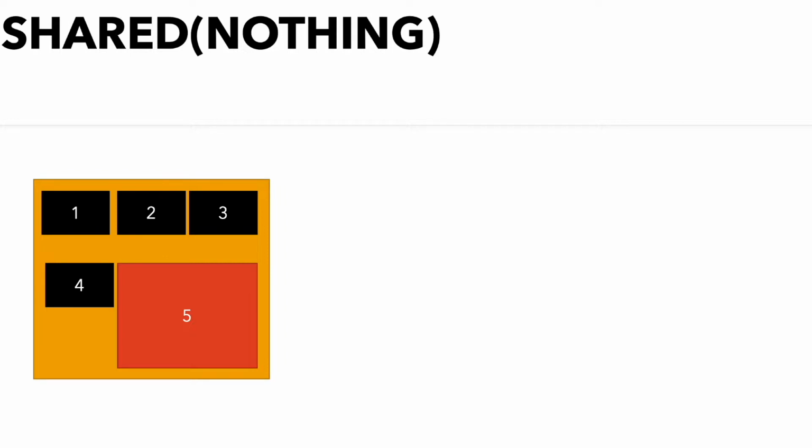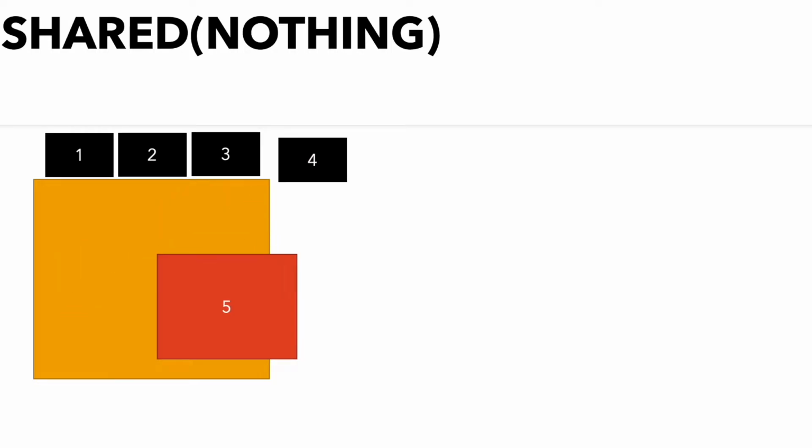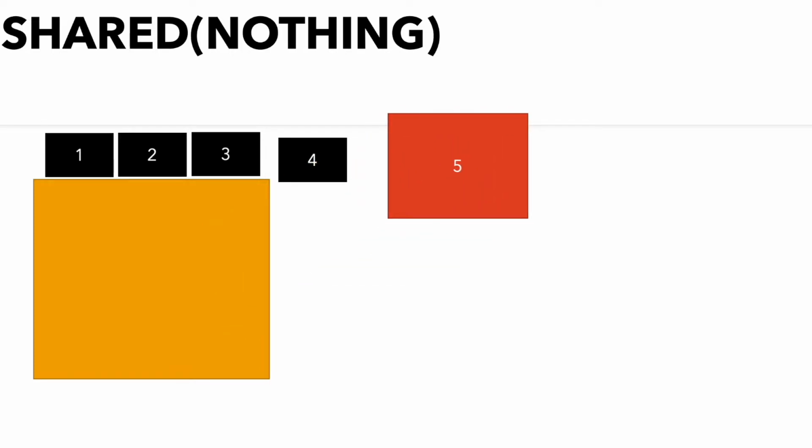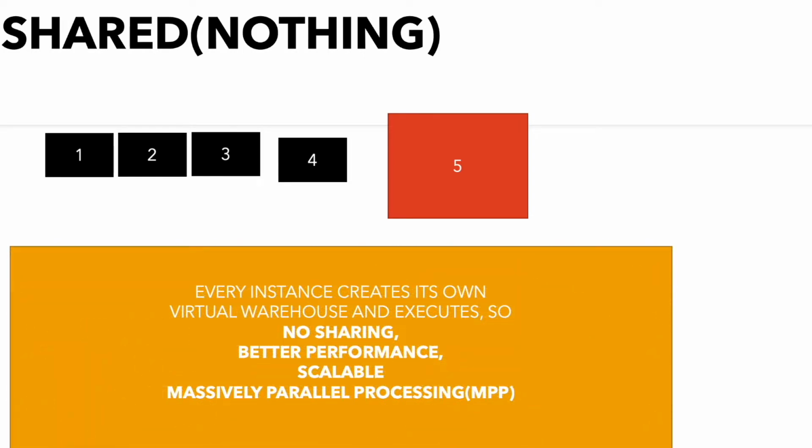So your one, two, three, four, and five, irrespective of the sizes of the queries, are running in parallel and there is no shared box. What is this called? First of all, what is happening? No sharing is happening because every particular query or process is running individually on its own. There is better performance and scalability. This is called MPP, massively parallel processing architecture in Snowflake.